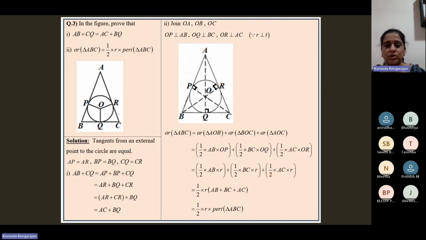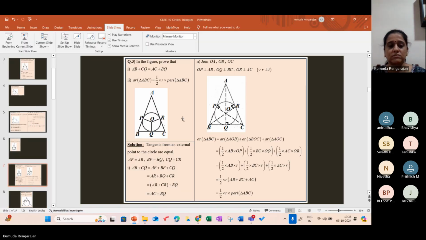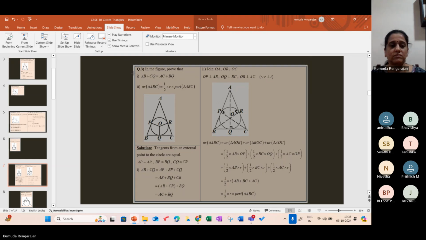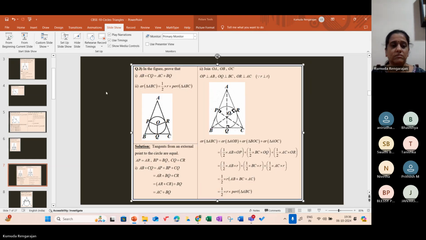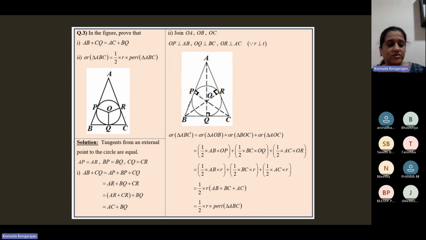That's exactly what you have on this slide. You can see here. First, the constructions. Join OA, OB, OC.